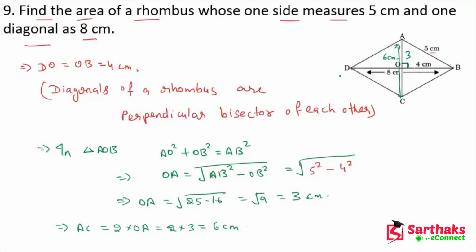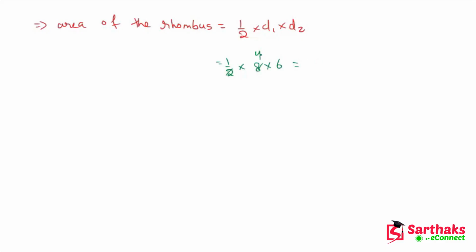Area of the rhombus is equal to half into D1 into D2. And here we have half into D1 is 8 and D2 is 6. So we can divide 8 by 2 to get 4, so here we get 6 into 4, which is 24 centimeter square. This is the area of the rhombus.